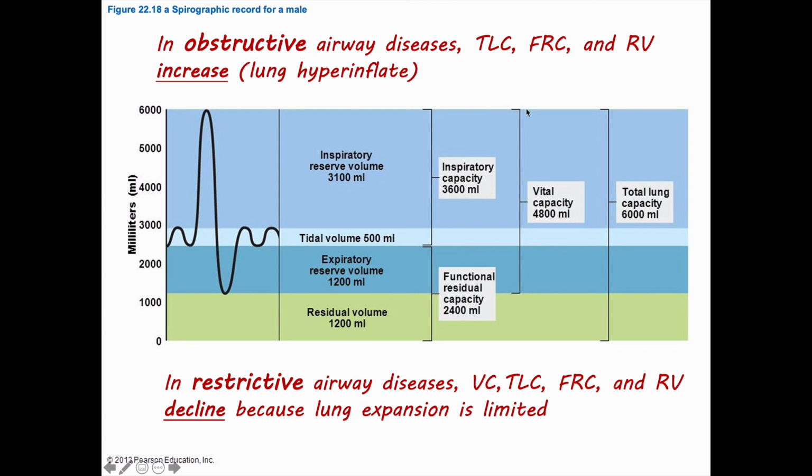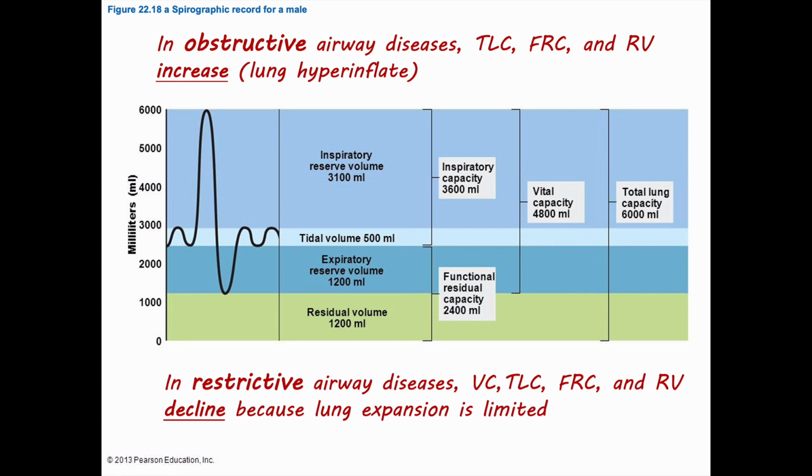Inspiratory capacity is the maximum amount of air you are able to inspire after normal expiration, that is 3600 ml. After normal expiration, the maximum amount of air that you are able to breathe out, around 1200 ml, is what we call the expiratory reserve volume.